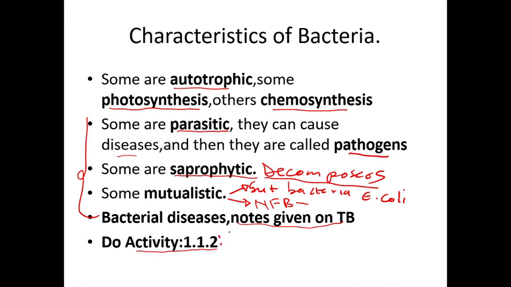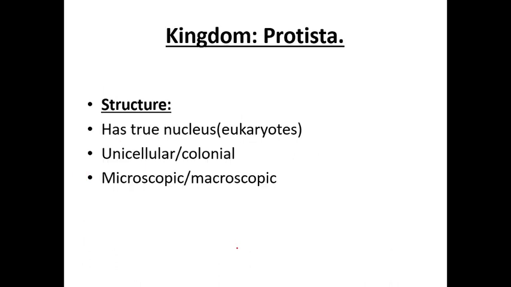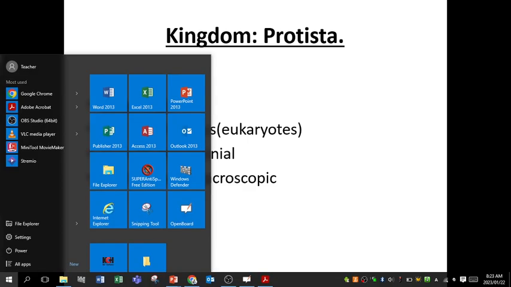If your school has a different prescribed textbook, please use that textbook and its activities. Good. In the next video, we'll be looking at the kingdom protists, your protists. So this concludes our lesson on bacteria as microorganisms.